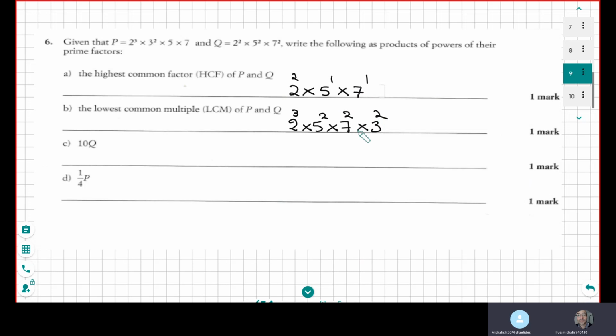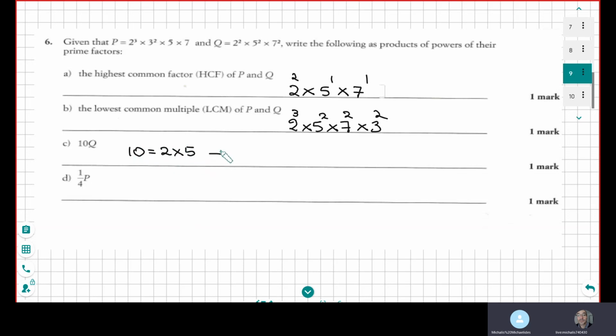The other part is to find the number 10 times q. But since the number q is in prime factorization form, I can write 10 also as 2 times 5 and use the indices law. Using the factor tree, I split the 10 as 2 times 5.